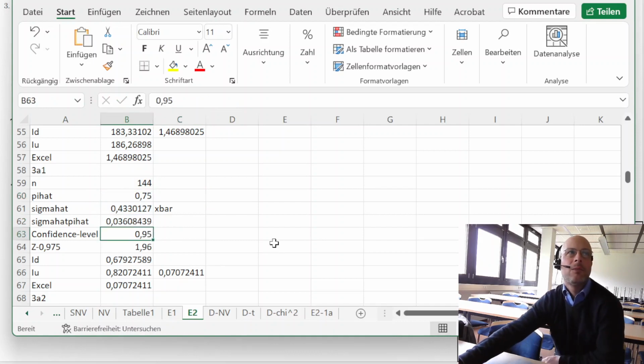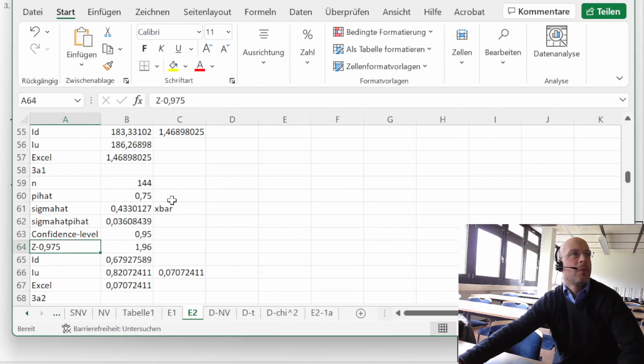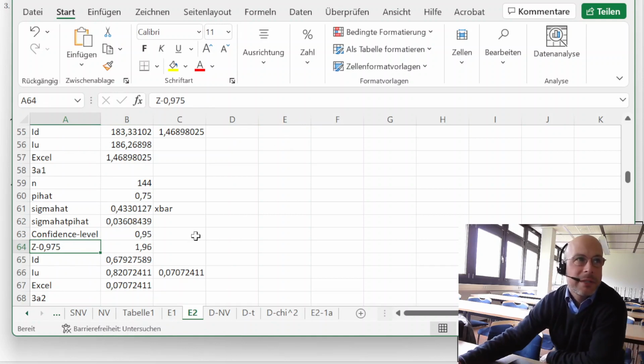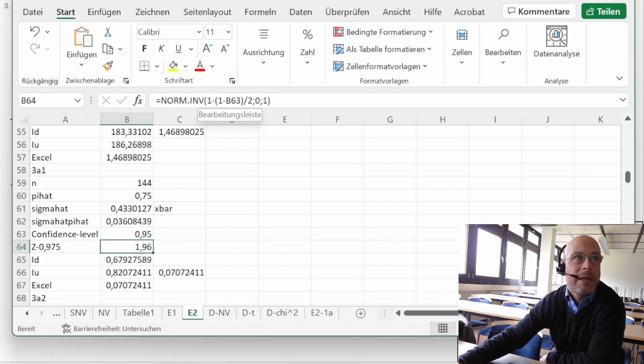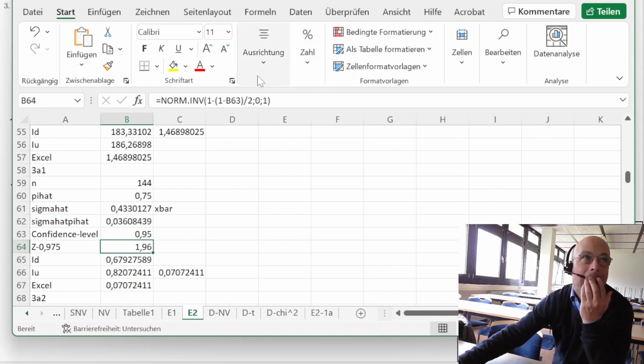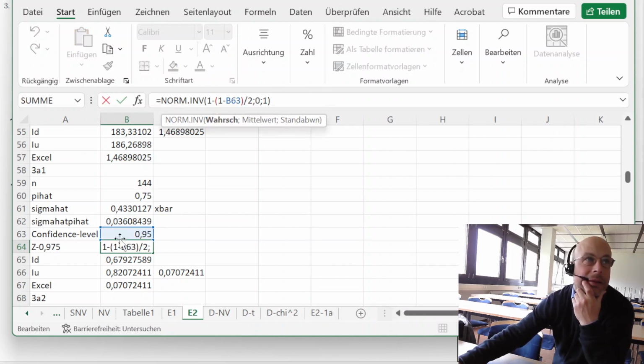The confidence level is 0.95. And of course, since we have a two-sided interval, we need the value of the normal distribution for 97.5%, and this we obtain by the inverse normal distribution using our confidence level of 95%.